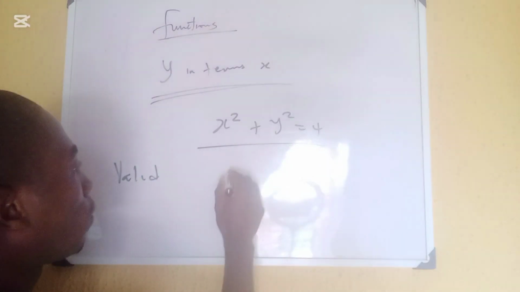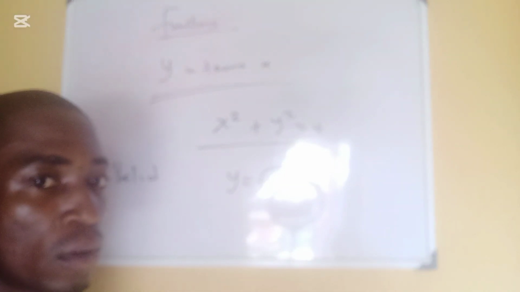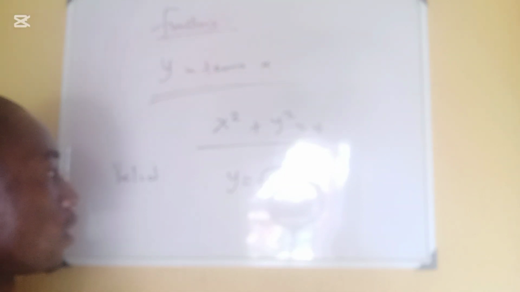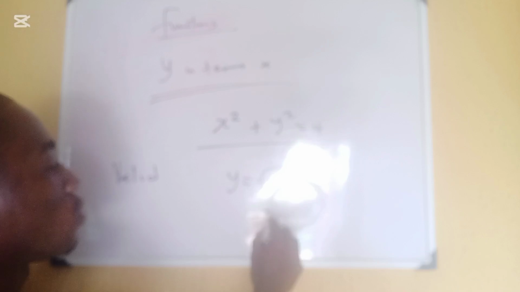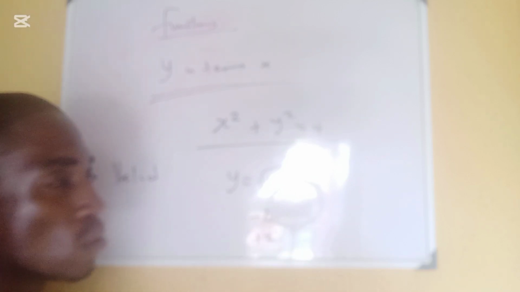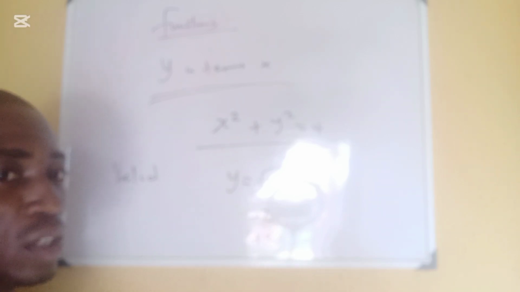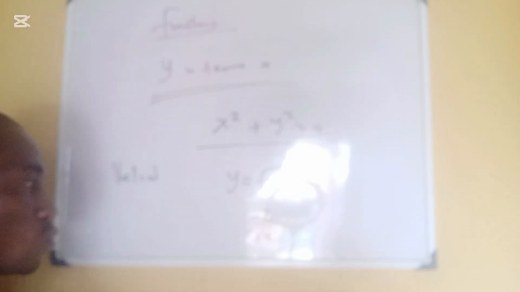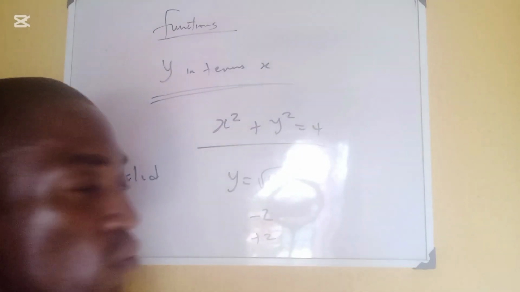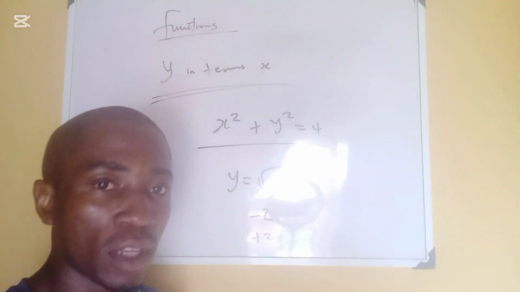Take for instance, you have y equal to root 4. This is not a function. It's just an equation. Why? Because root 4 could be minus 2 or plus 2. So there are two possibilities. So that makes it not to be a function because we can have two values for the output when we only have one value for the input.